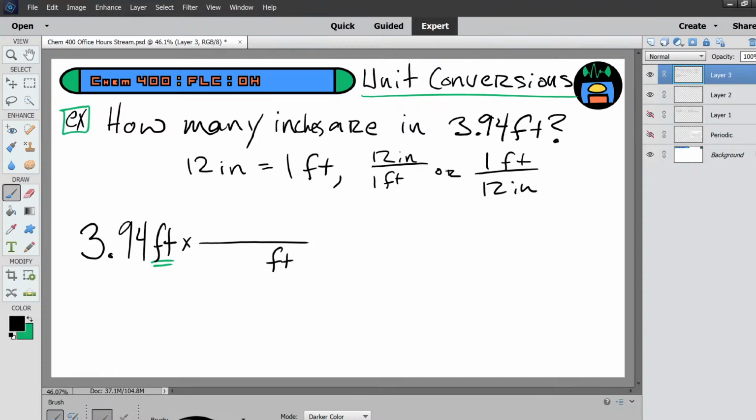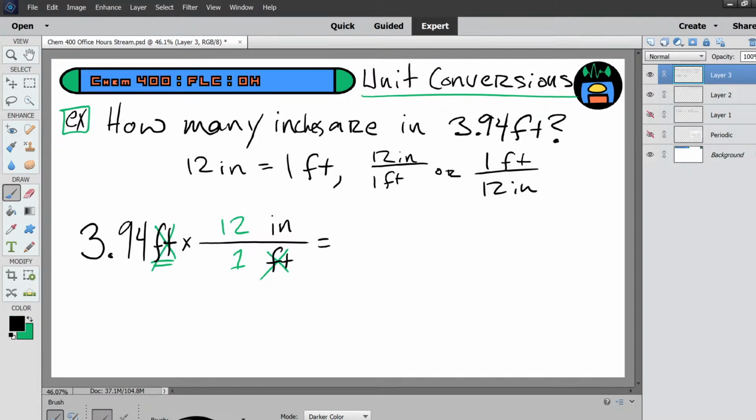We want feet to cancel here, so I'll put it in the denominator. We want to find inches, so those go in the numerator. And then once you have your units set up to cancel properly, add the numbers, right? 1 foot is 12 inches, and now we're good to go. Feet cancel feet, and we're ready to crunch some numbers.